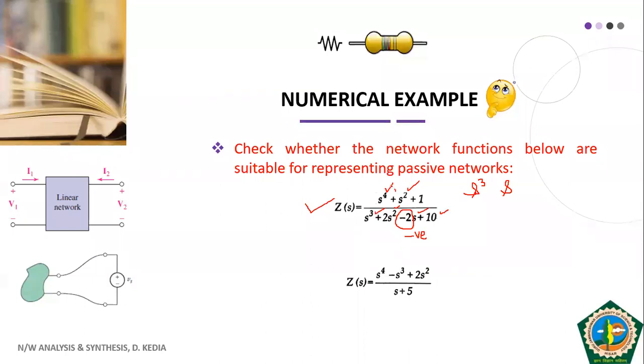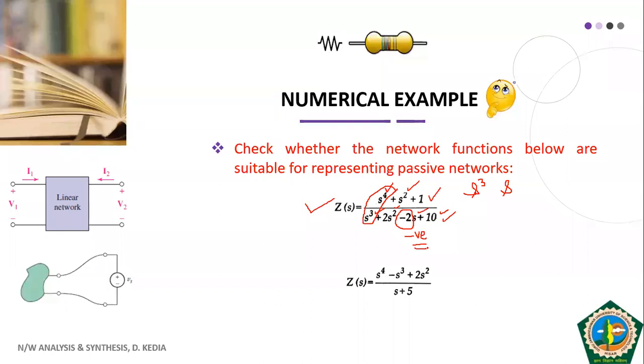If we see the degree of numerator and denominator, the difference is 1 only, whereas the lowest degree has the same value. So the main problem in this network function is that in the denominator, one of the coefficients is negative.